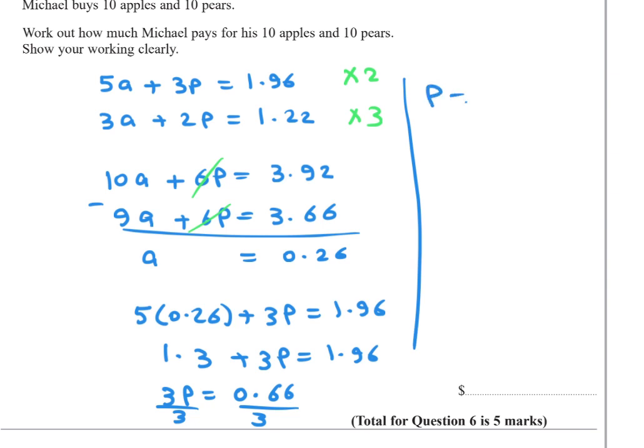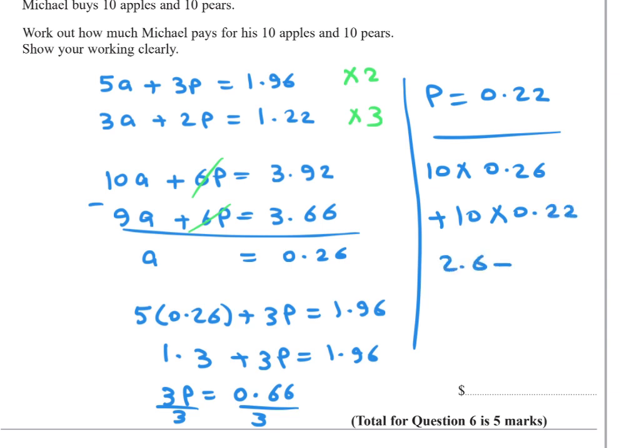So B equals 0.22. Now for Michael, 10 apples, so 10 times 0.26, plus 10 pears, so 10 times 0.22, equals 2.6 plus 2.2 equals 4.8.